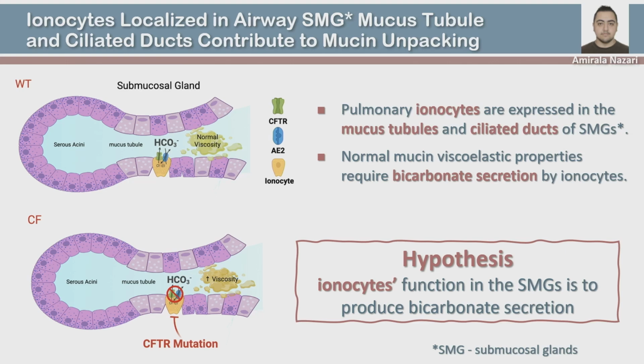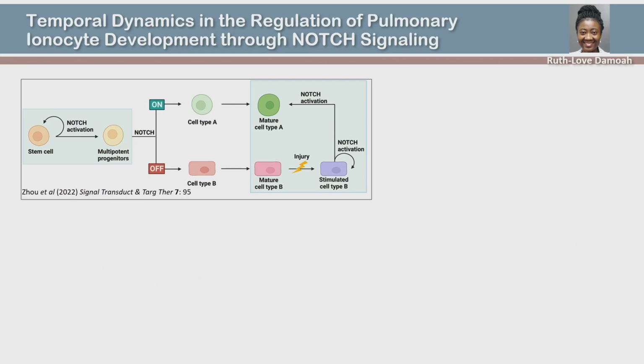So the hypothesis here is that the ionocytes' function in the submucosal glands is to produce bicarbonate secretion. We look forward to your talk. The third talk is by Ruth-Love Damoa, actually, I should tell your other name because you recently changed your name, but you will show it, I'm sure.